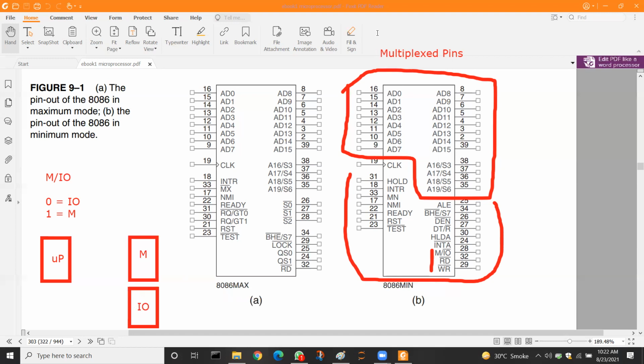So this pin M/IO is connected to both primary devices.